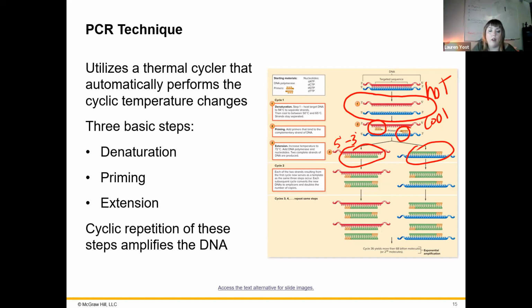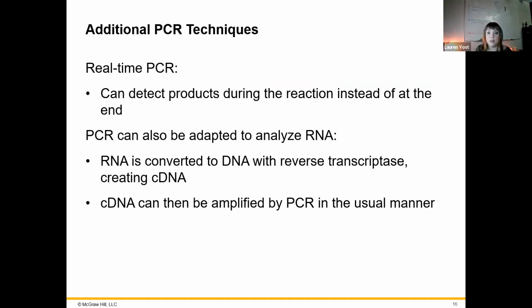So one double-stranded sample becomes 2 double-stranded samples, 2 becomes 4, 4 becomes 8, and so on and so forth with each cycle. So each cycle will amplify the DNA and allow us to create copies.